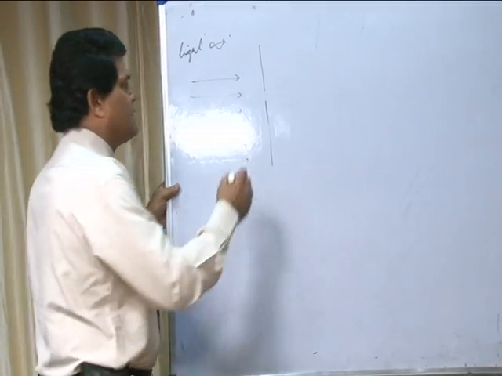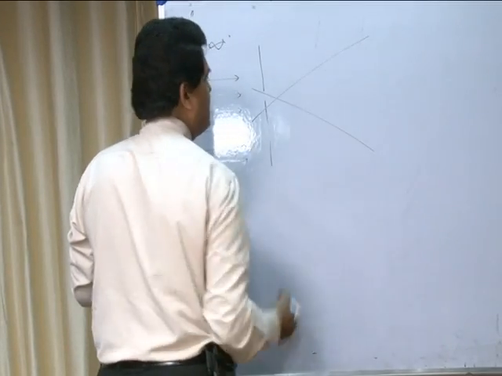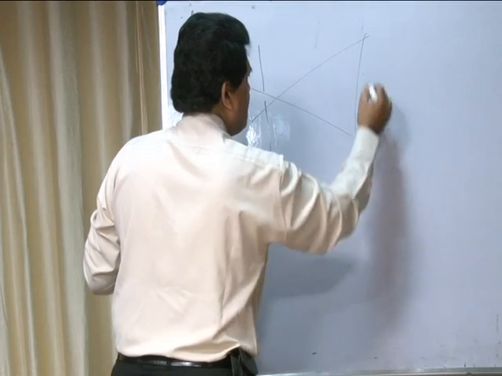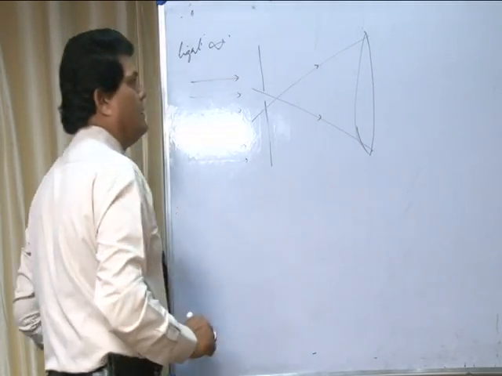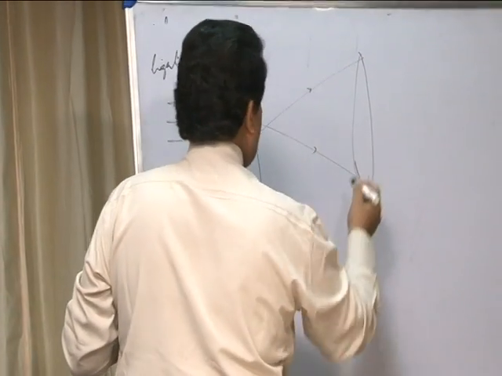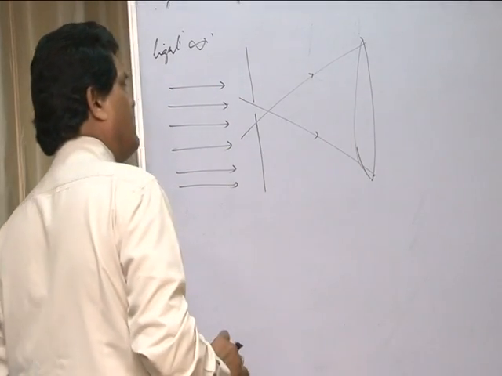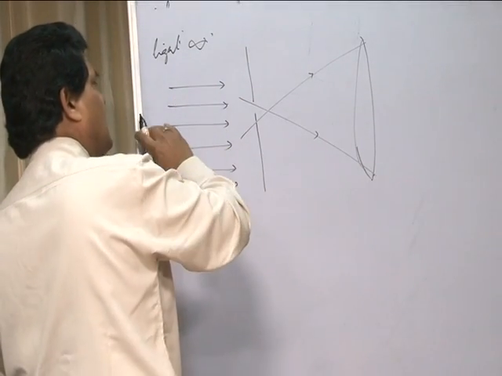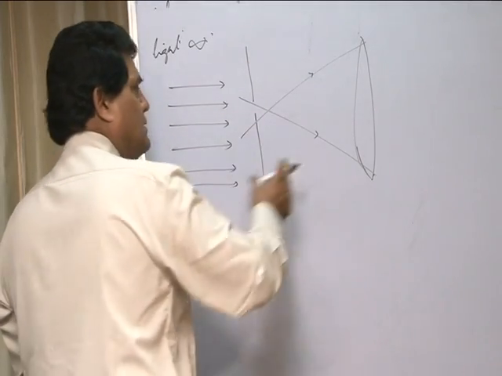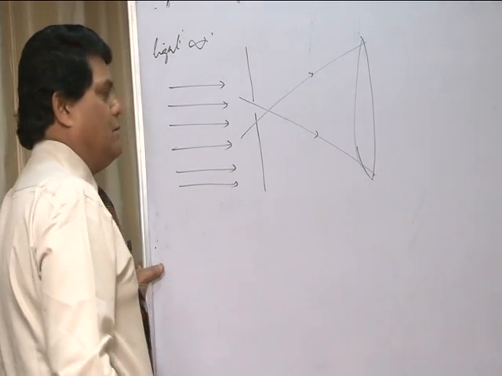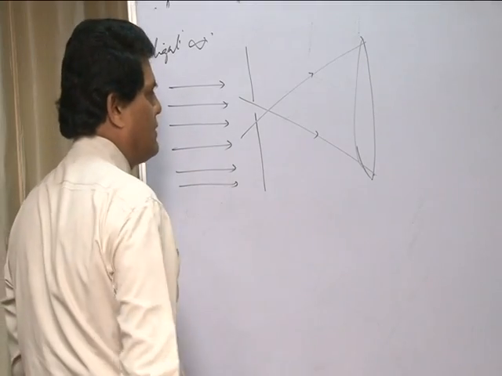If it falls on this, as you know, the light will undergo diffraction. Now suppose we place a lens here, and all the rays which are coming from a far away object are scattering from the object. If we can collect these rays by using a lens with a larger aperture, then there is a possibility that we can see the object.